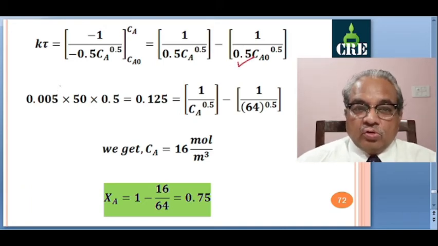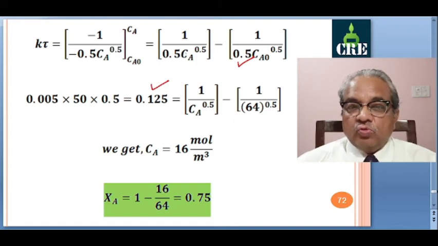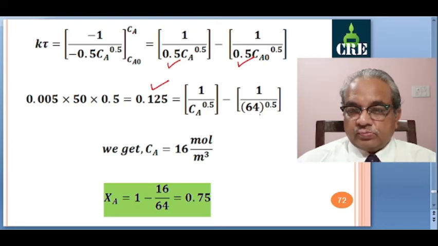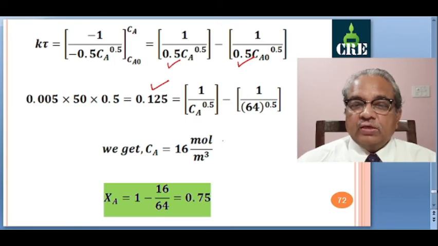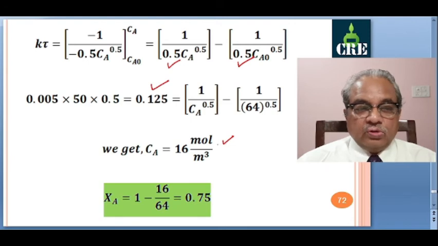So k tau and this constant 0.5, this you multiply, it is 1.125, and that is equal to, this is already transferred, so 1 upon Ca raised to 0.5 minus 1 upon Ca0 raised to 0.5. Ca0 is given as 64, only Ca is unknown. So you solve this for Ca, you get Ca as 16 moles per meter cube.